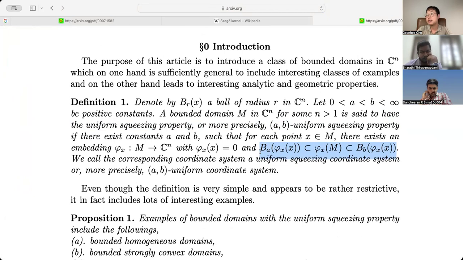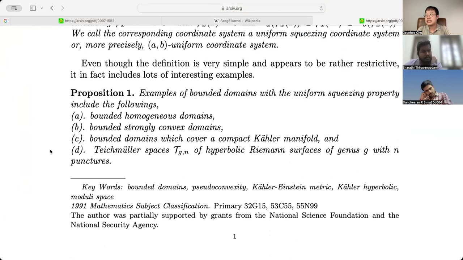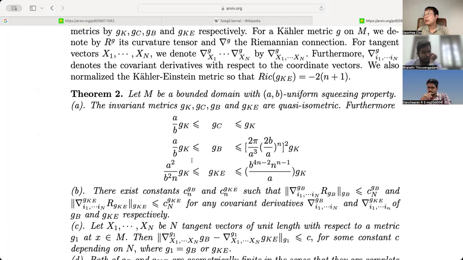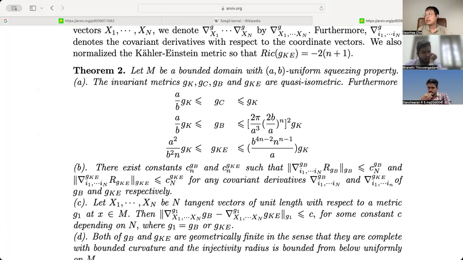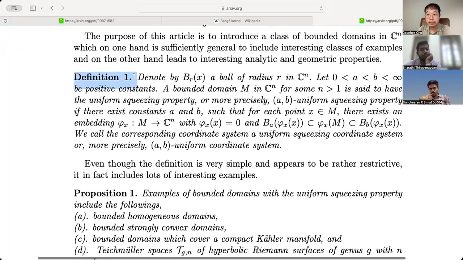Under that assumption, and this assumption contains lots of classes of domains for sure, the important part is that the four invariant metrics are equivalent depending on this A and B. So in order to establish the equivalence of invariant metrics, one way is just by assuming this simple definition. And there is lots of literature in this direction.